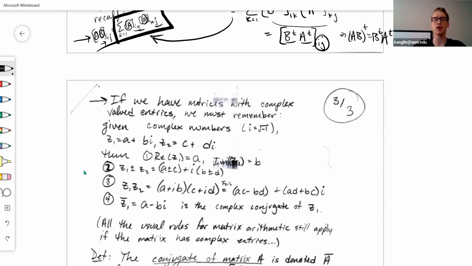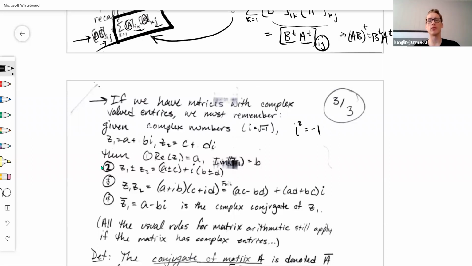So I want to just recap very briefly what we've already seen about complex arithmetic and algebra. If we have matrices with complex valued entries, the key thing to remember about complex numbers is that i, when we see it, represents the square root of -1. Maybe more importantly, that means when we square i, we get -1.